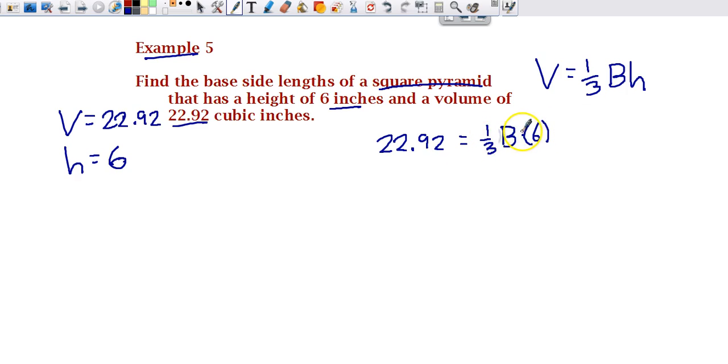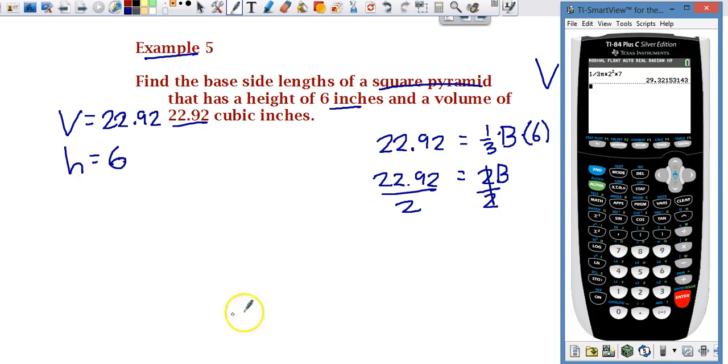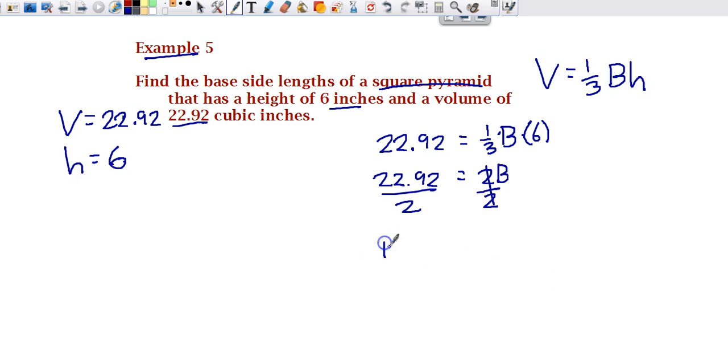So you can do 1/3 times 6 times B. It doesn't matter what order you multiply things in. So that's really just 22.92 equals 2B. So to solve that for B, we would divide by 2. And that's going to give you 11.46.